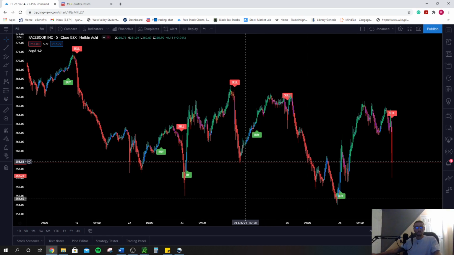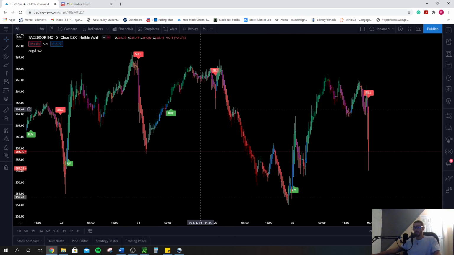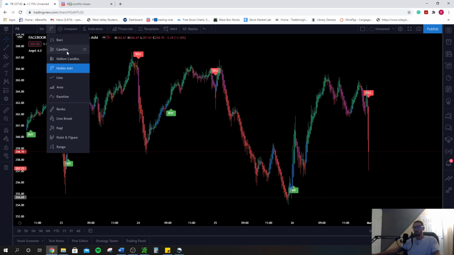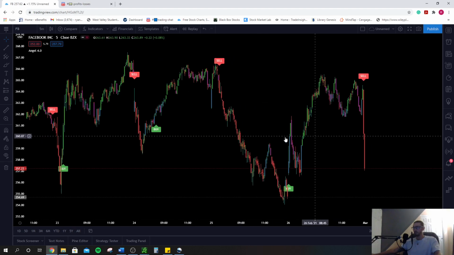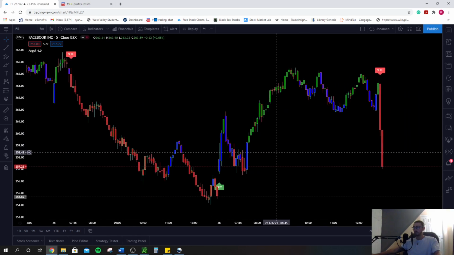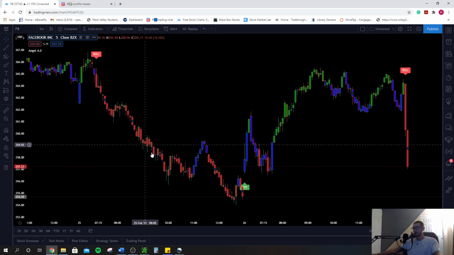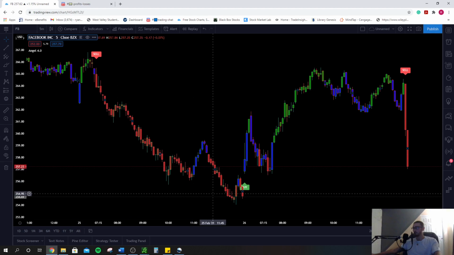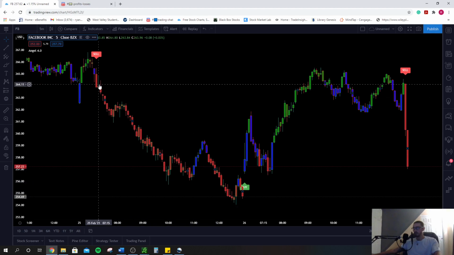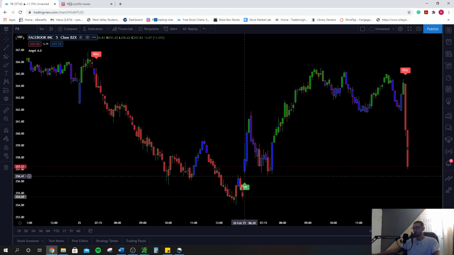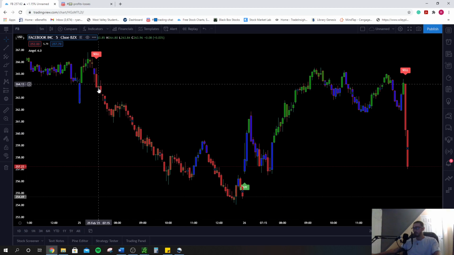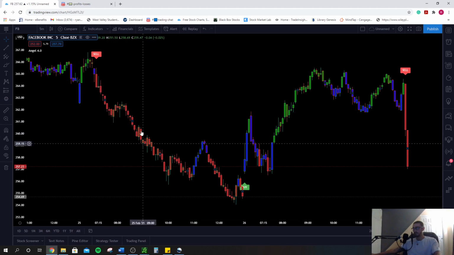Now, moving on to the candles that we use now, we use real candles, but we've also added different colors to help you determine what's occurring in the candle and what's happening in regards to the price action. So we have red candles, blue candles, and green candles. The red candles mean that this is in an active downtrend.